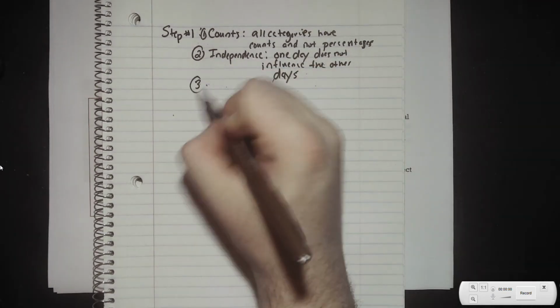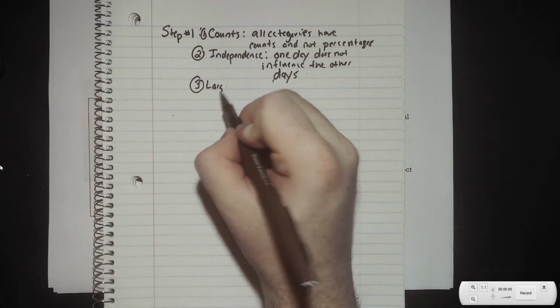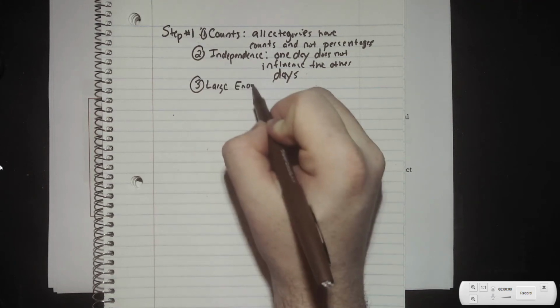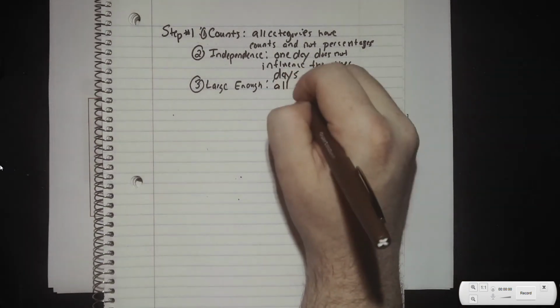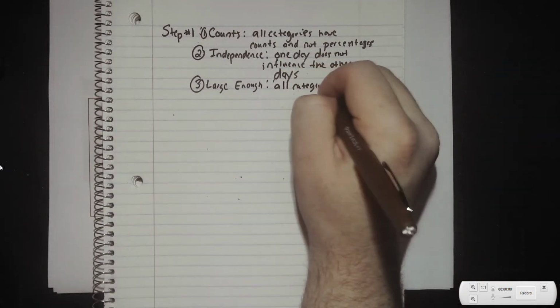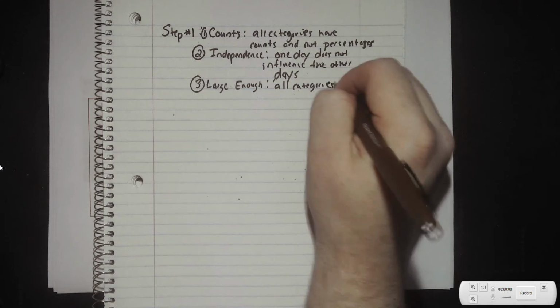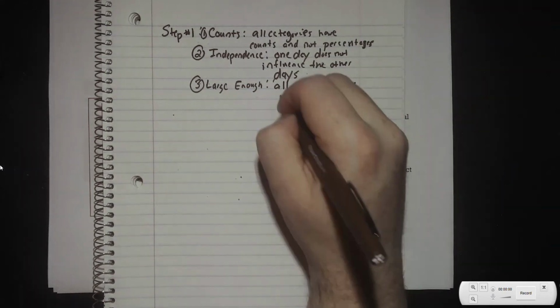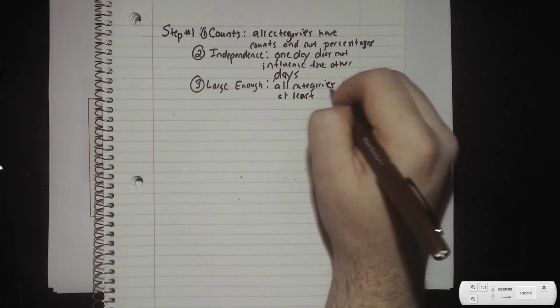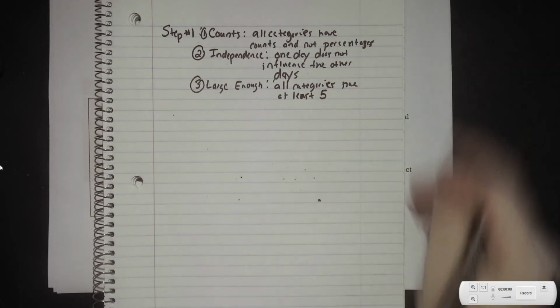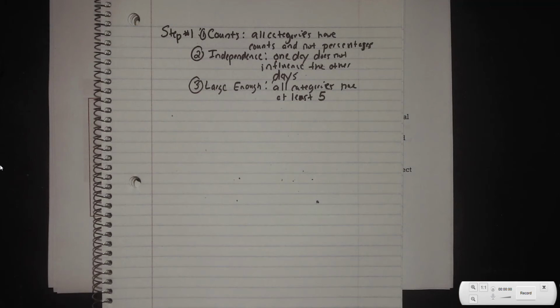Three, large enough, all categories have at least 5. Okay. Now once again, we're saying that all the days are the same.